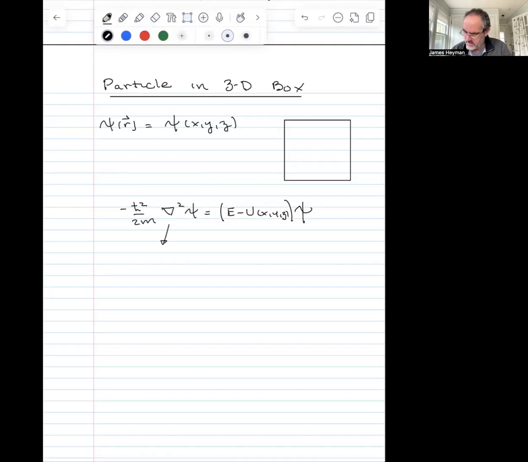And here, del squared psi can be written in Cartesian coordinates very simply. It's the second derivative with respect to x squared plus the second derivative with respect to y squared plus the second derivative with respect to z squared acting on psi. All right?